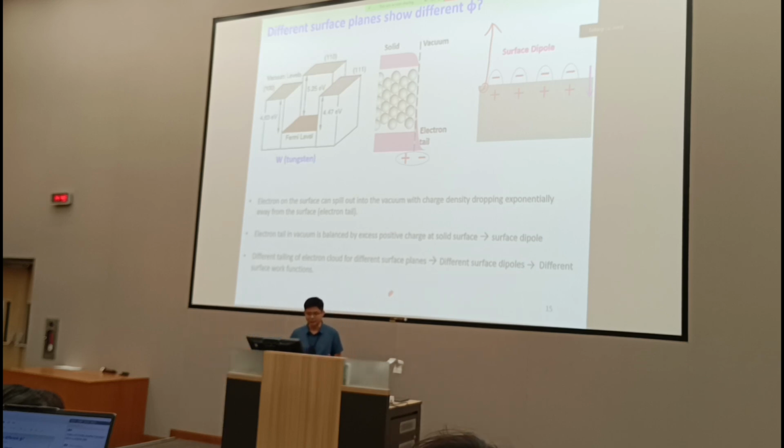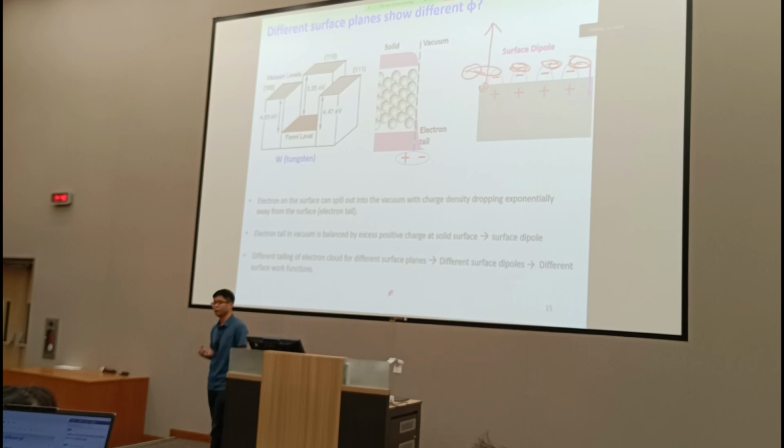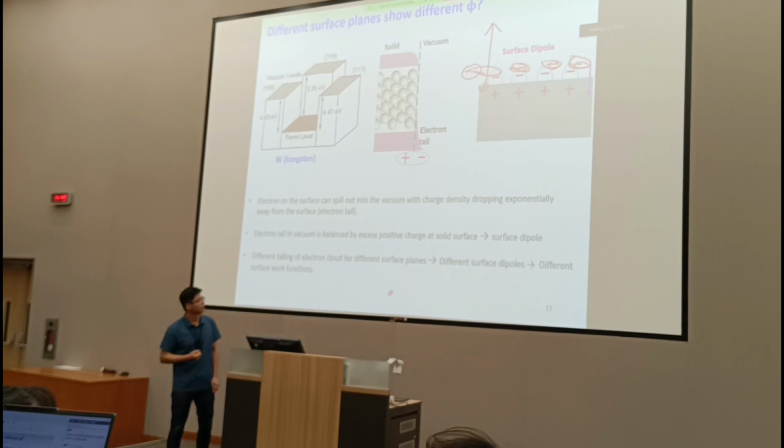But in addition to that, people working in surface science can actually drop molecules on the surface. Molecules and atoms can form a charge transfer with your materials. If the molecule gains electrons, it gets a negative charge, so you reinforce the surface dipole and increase the work function.